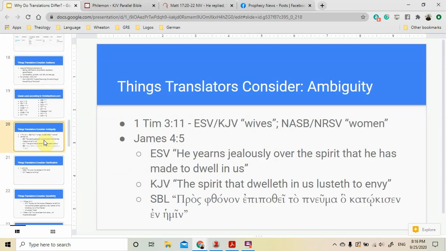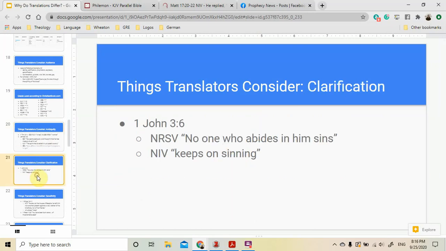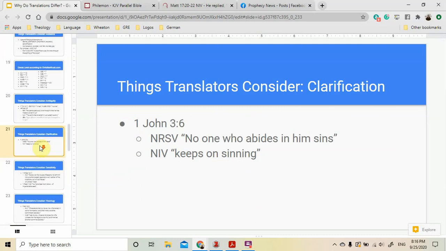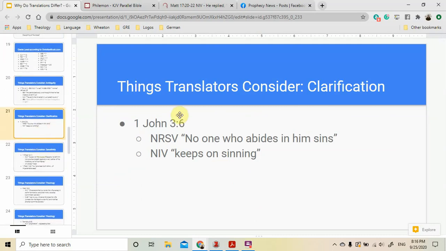Other things to consider is there are times when the Greek or Hebrew is just ambiguous and there's no really good way to translate it into English. I'm not going to go through my examples. And another one here, clarification, is that sometimes if you translate the Greek or Hebrew literally or too strictly, it can be misleading.